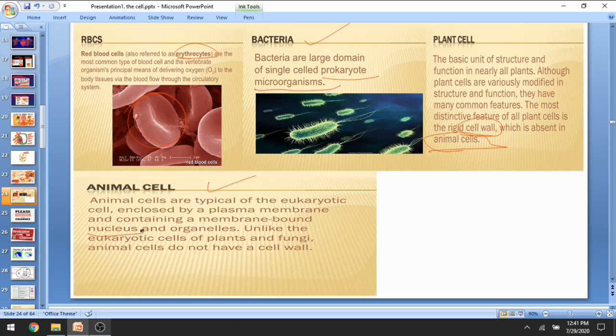Those organelles which have a membrane outside are said to be membrane bounded organelles. So the nucleus and organelles are membrane bounded. Unlike the eukaryotic cells of plants and fungi, animal cells do not have a cell wall.